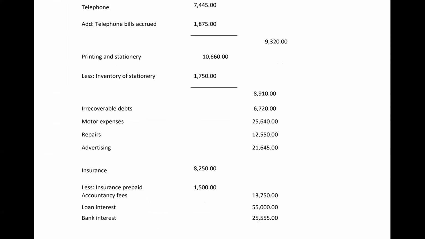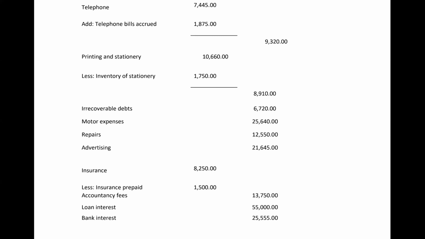Recoverable debt is an expense, motor expenses, repairs, advertising, all those are expenses. Insurance, then there is a prepaid insurance. You less prepaid insurance. Accountants fees are expenses, loan are expenses, and the bank interest.